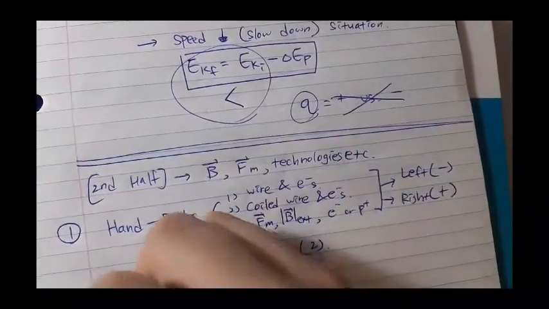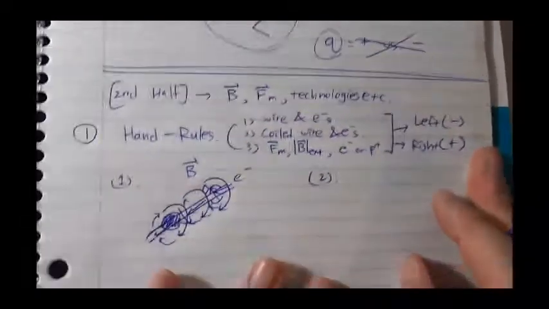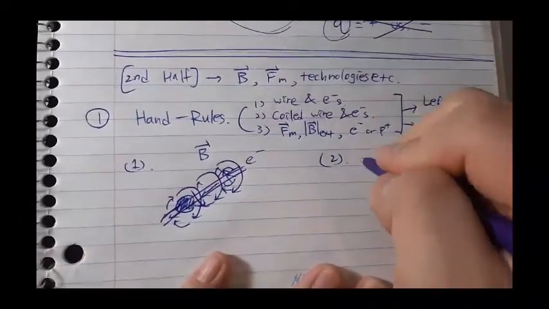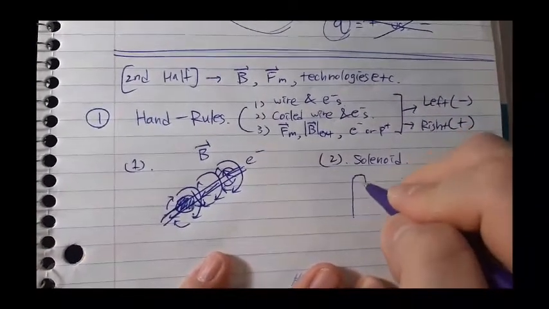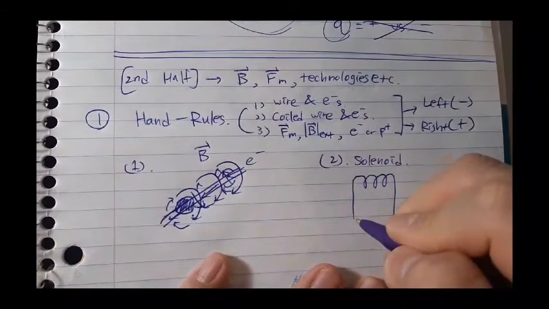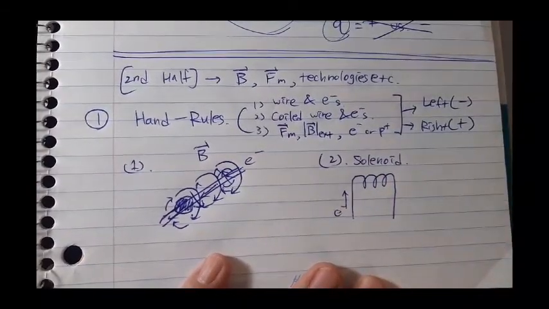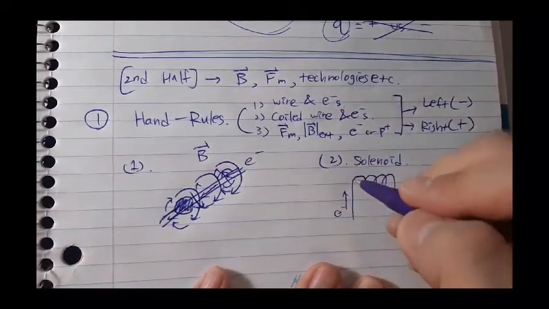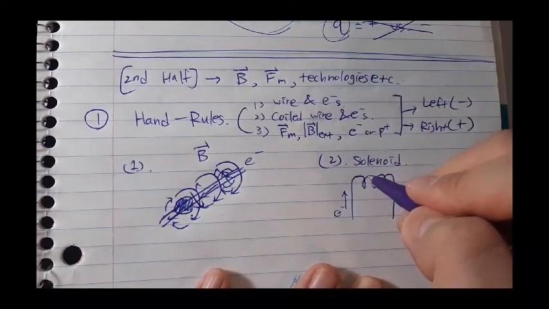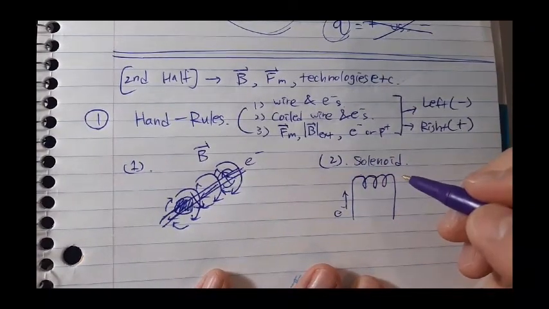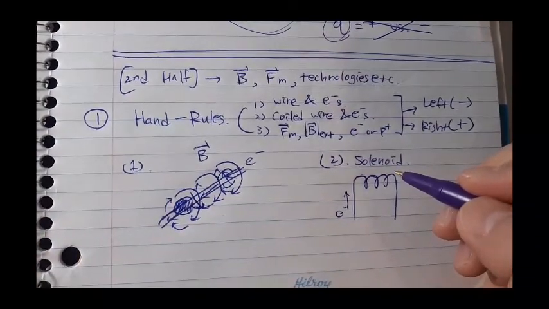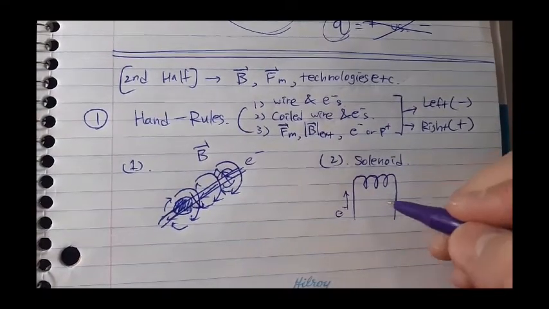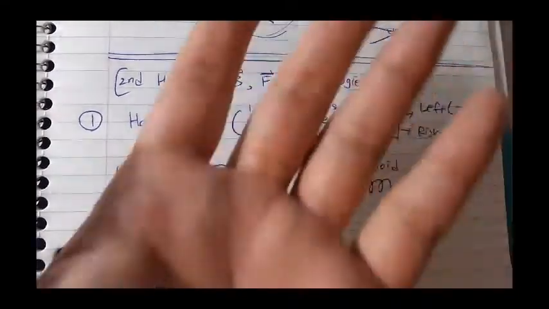When it comes to hand rule number two, the coiled wire, which is better known as a solenoid, is something you need to understand too. Let's say the electron is going in this direction and my curve is coming down in front, and then in front coming down, something like that. Unlike the previous situation where your thumb represents the electron movement, or proton movement if positive, with a solenoid it's the other way around.